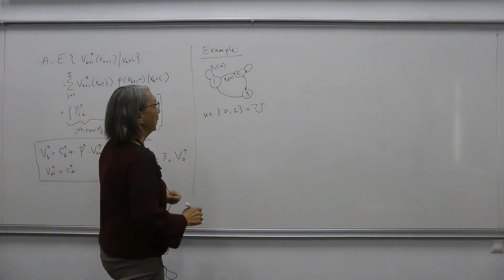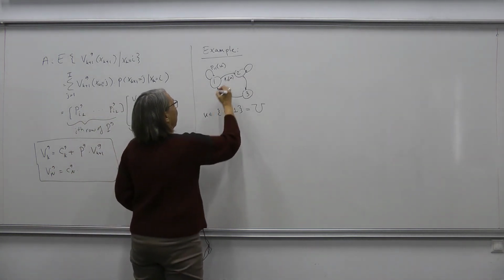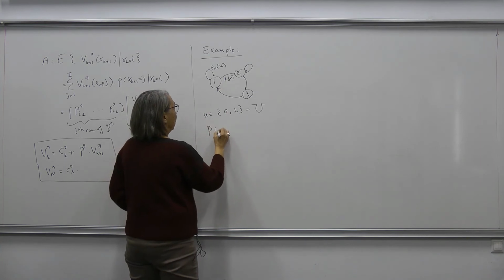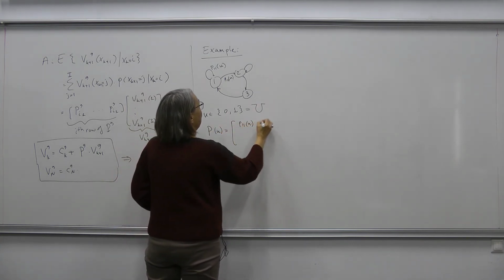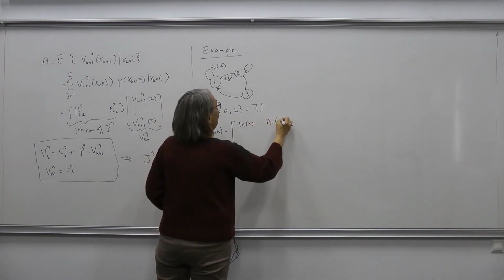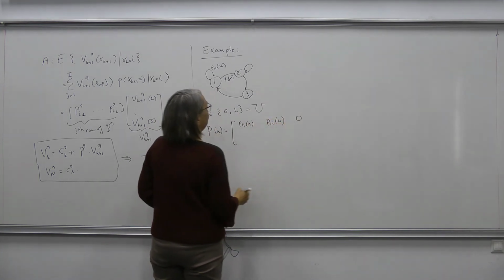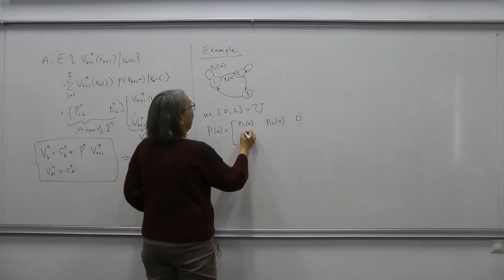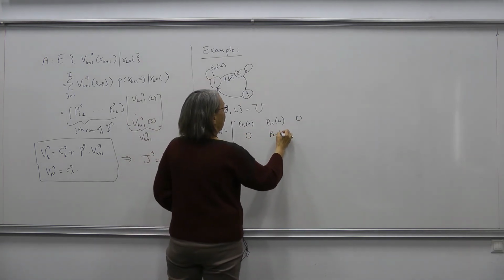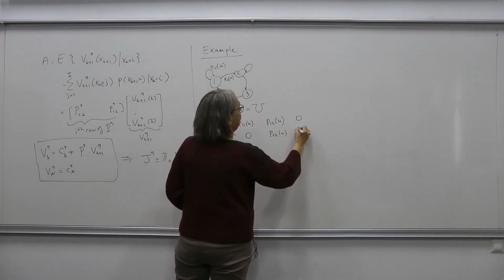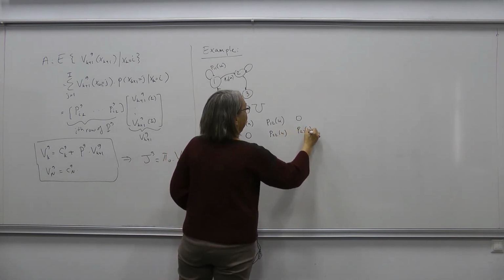Okay, we changed that one a little bit. We have our P of U, which is equal to P11(U), P12(U), no transition from 1 to 3, so we have a 0 there. No transition from 2 to 1, and we have P22(U) and P23(U).